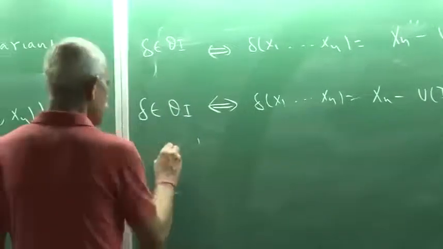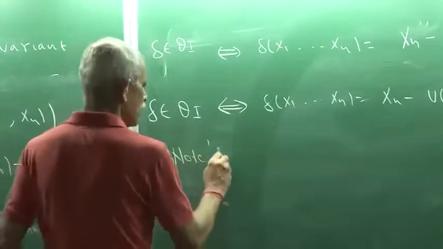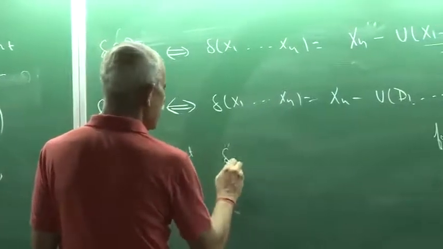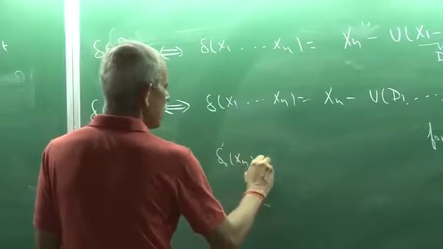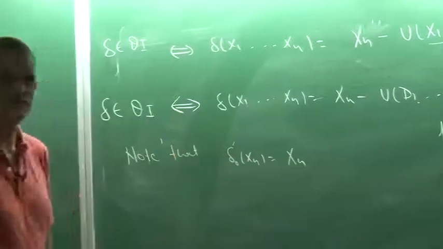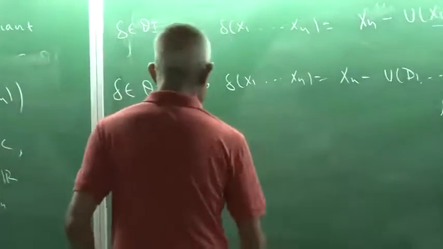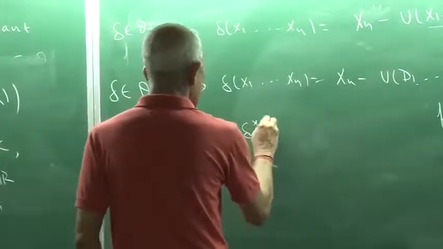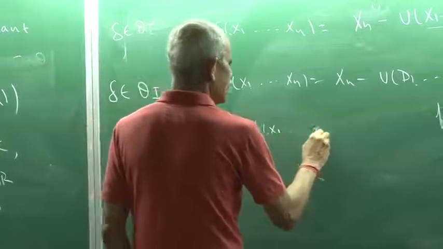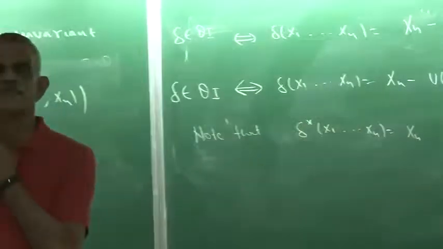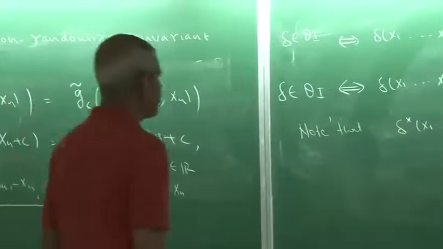Now note that if I consider delta star of x1, x2, xn as xn itself, is this invariant?